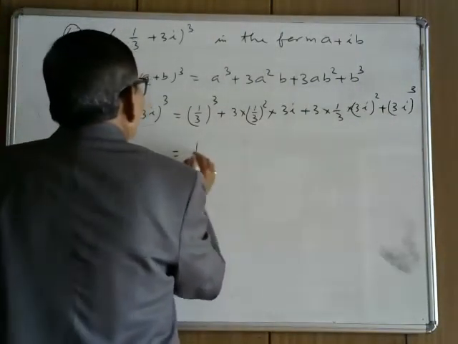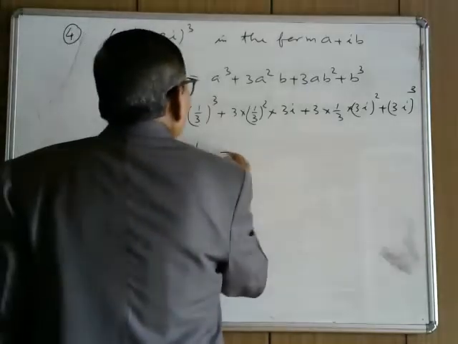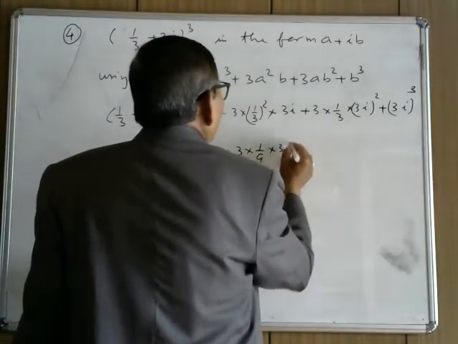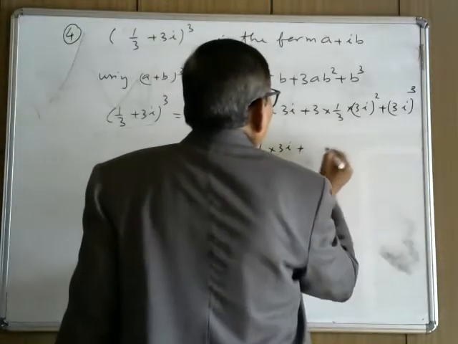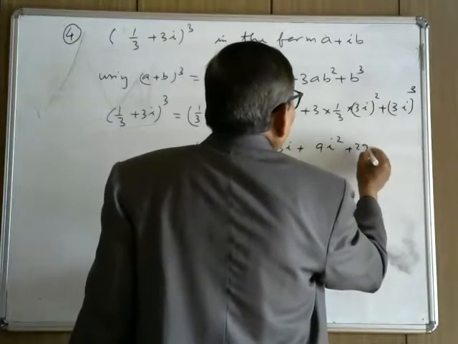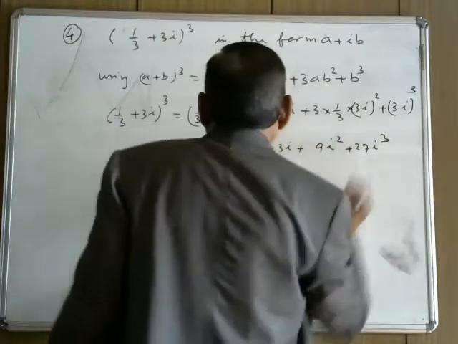That equals 1/27 plus 3 into 1/9 into 3i plus 9i square plus 27i cube.